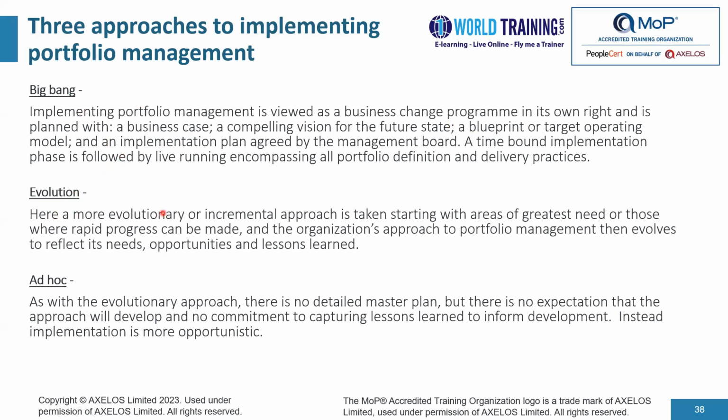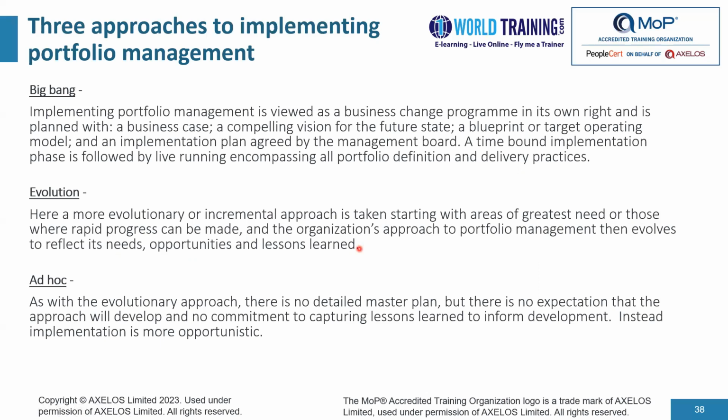The second approach is evolution. Here, a more evolutionary or incremental approach is taken, starting with areas of greatest need or those where rapid progress can be made. And the organization's approach to portfolio management then evolves to reflect its needs, opportunities, and lessons learned. For example, let's say one of the greatest needs of the organization is they would like to see a visibility of all the projects and programs within a portfolio.